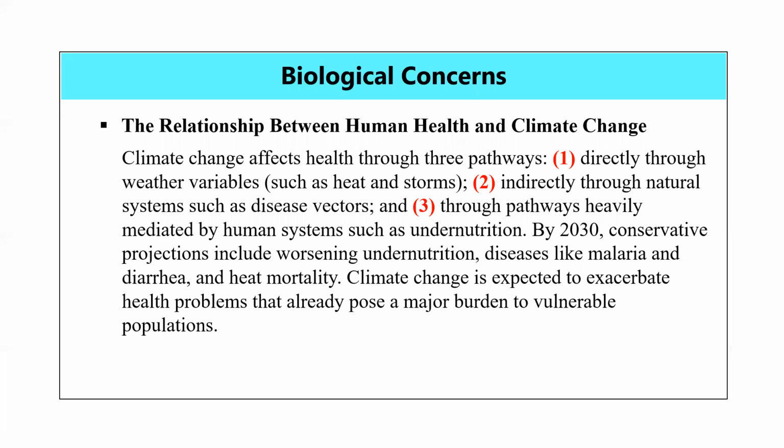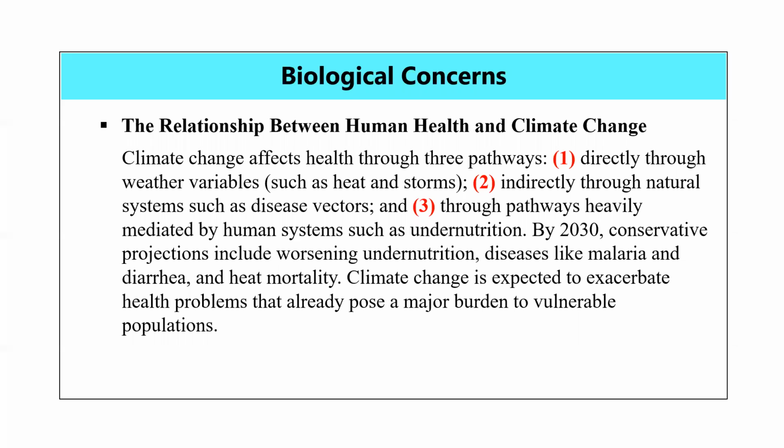So if these ice caps melt, these viruses and bacteria will no longer be dormant. They will be activated and integrated into our system, into the biosphere, and these could potentially cause other diseases. Okay, and that is indirect.